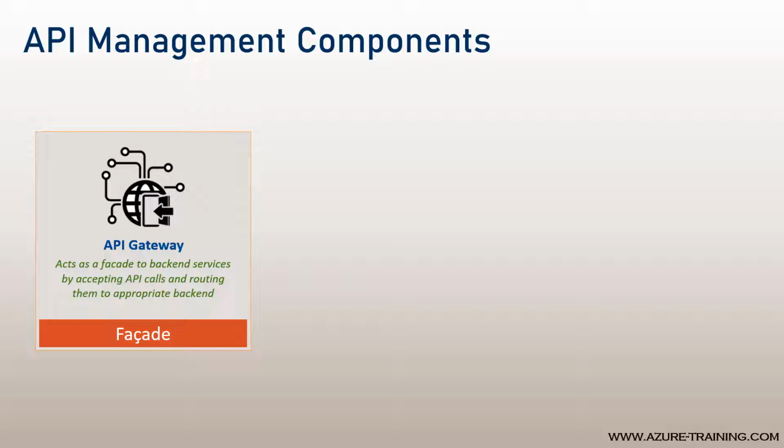The API gateway acts as a facade to the backend services, allowing API providers to abstract API implementations and evolve backend architecture without impacting API consumers. The gateway enables consistent configuration of routing, security, throttling, caching, and observability.